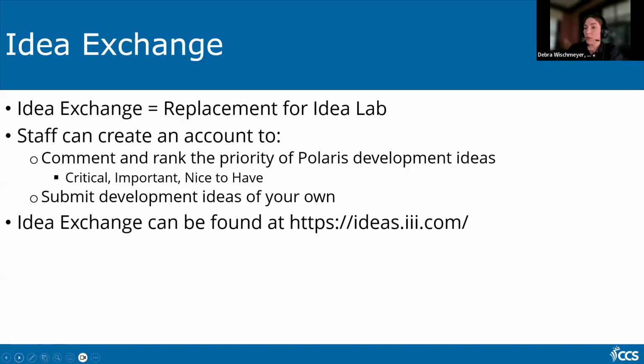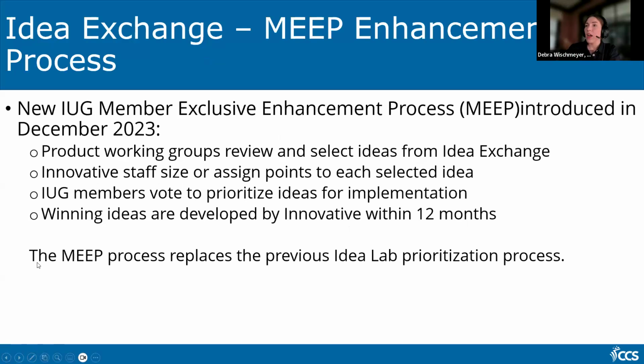Previously, the Innovative or Idea Lab team would release challenges a couple of times a year, and library staff would help prioritize ideas by voting on which ones they thought should be developed.